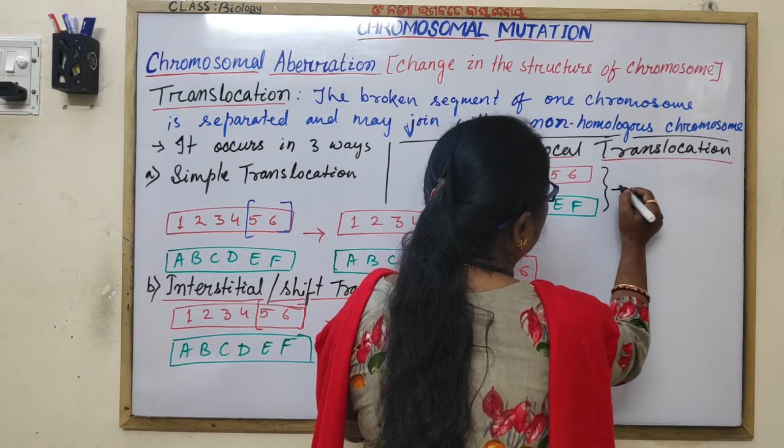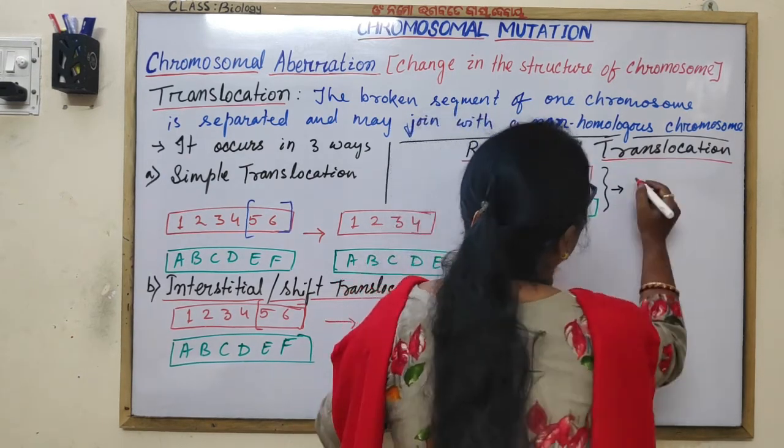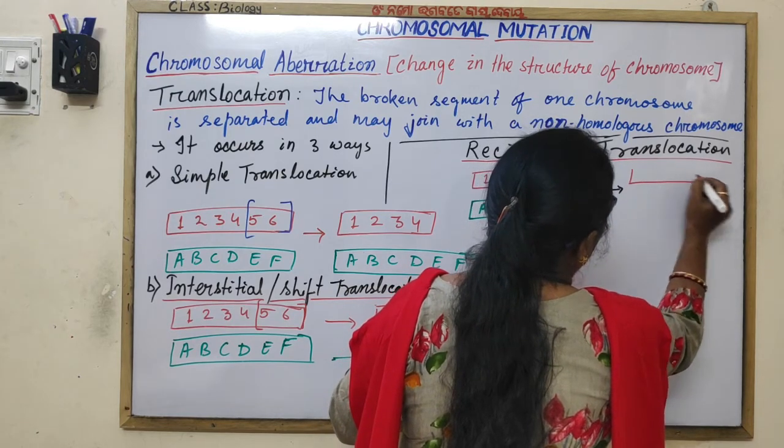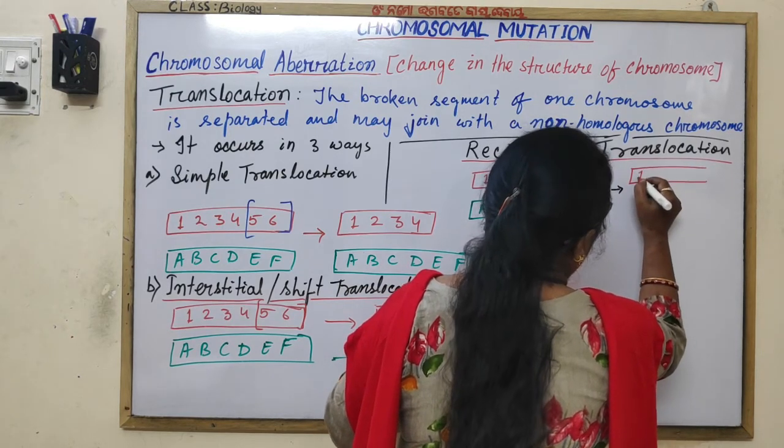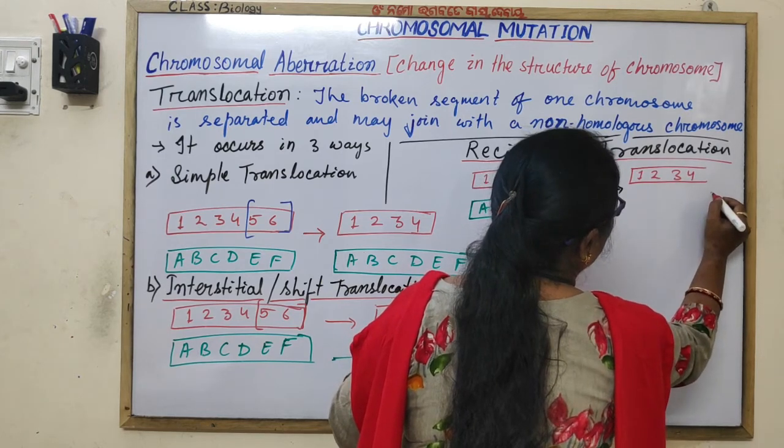Then what may happen? Exchange. 1, 2, 3, 4, here 5, 6 came.